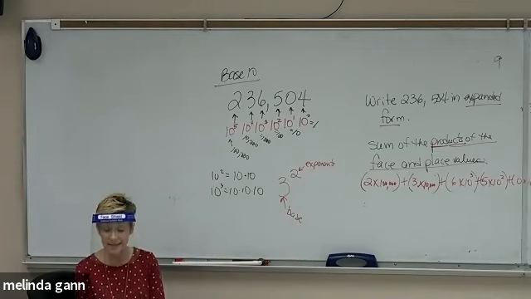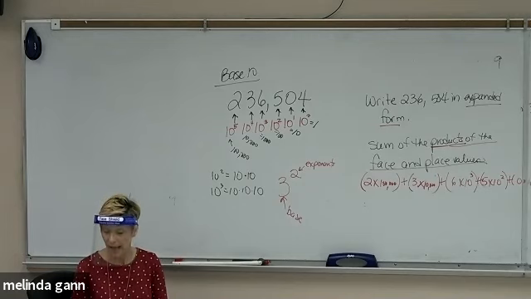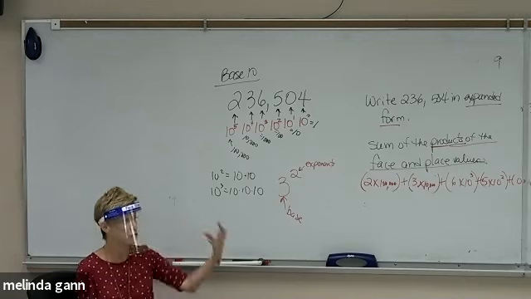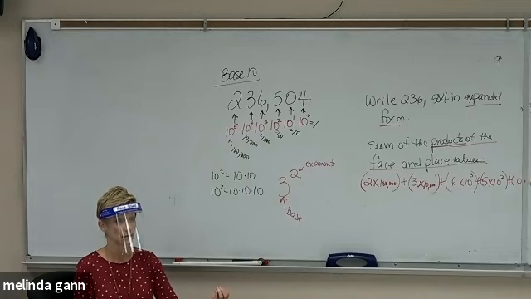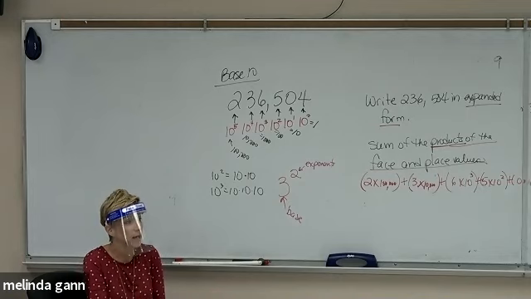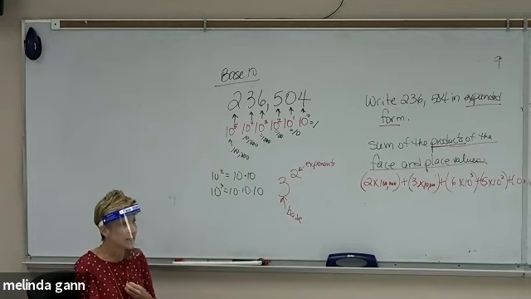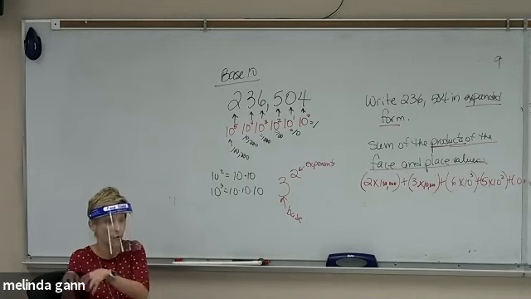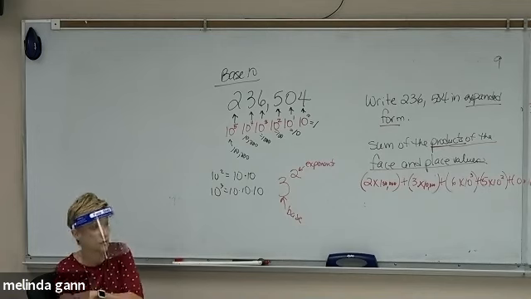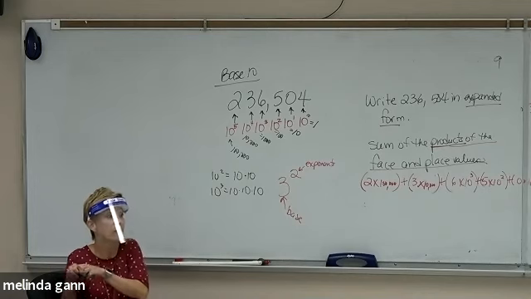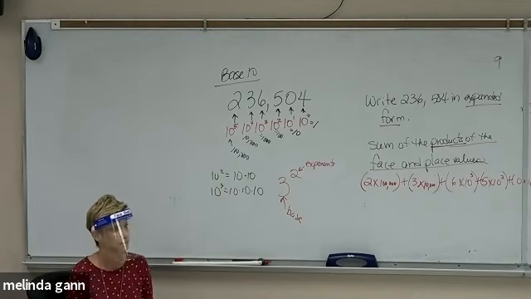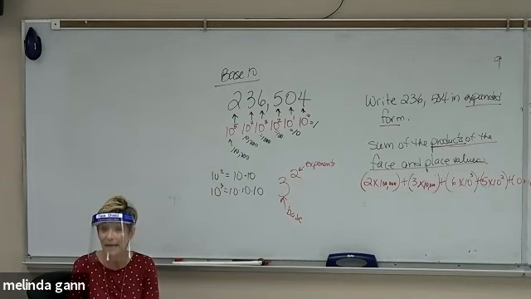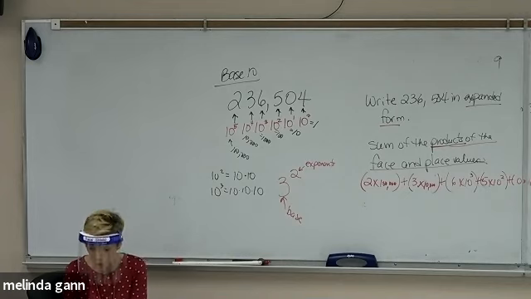Because see, in base 10, every time you get 10 of something, you trade it. When you get 10 ones, you trade that for 1 ten. When you get 10 tens, you trade that for a what? For 100. When you get 10 hundreds, you trade it for 1,000. So in base 10, you group things in groups of 10.